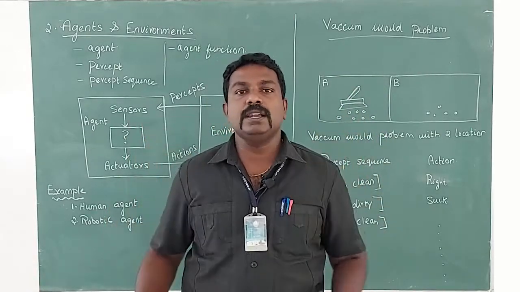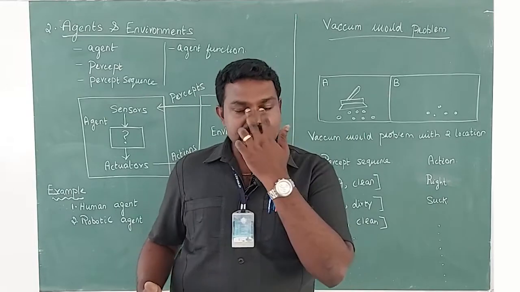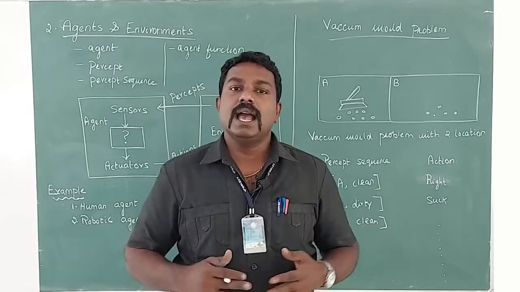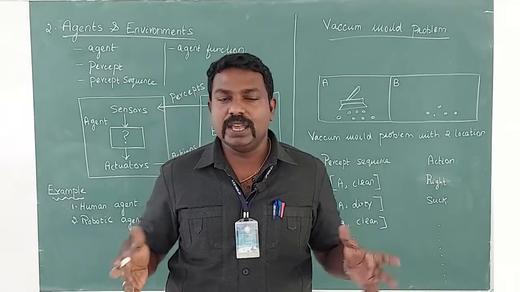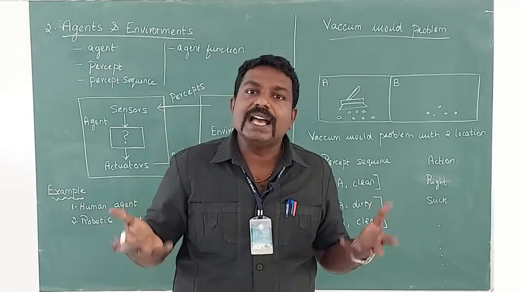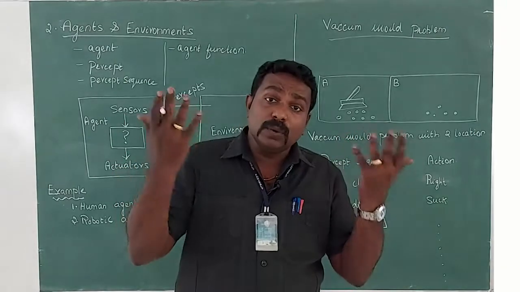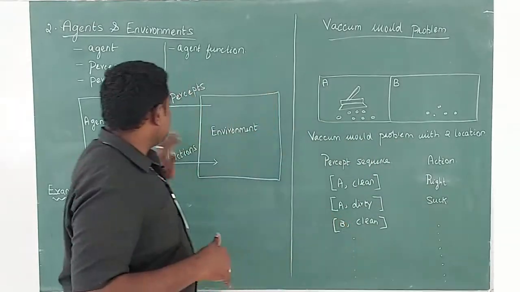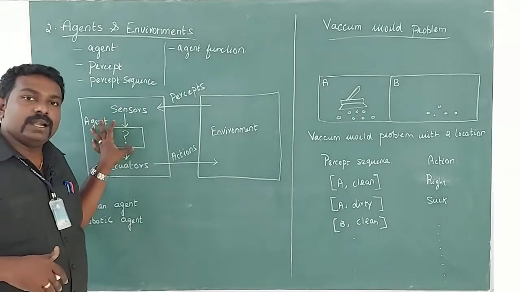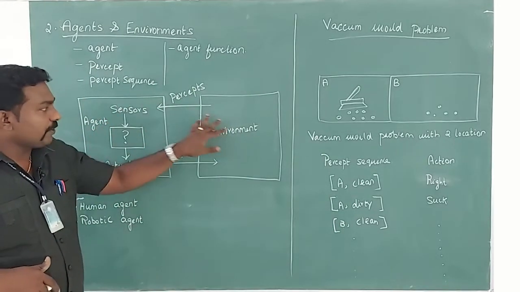If you take myself as a machine, my eyes are the sensors and my hands as well as my legs are the actuators. So, an agent is one that gets the input from the environment.